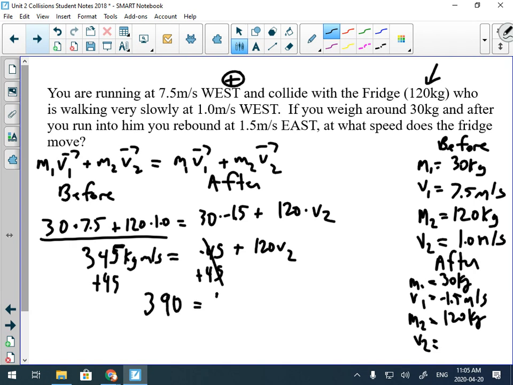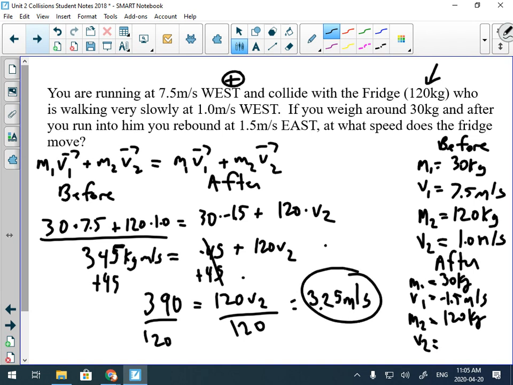And that equals 120 V2. Divide both sides by 120 because that's multiplication, right? Divide this side by 120. 390 divided by 120 gets me 3.25 meters per second. And because that's positive, we said west was positive. Okay. So you kind of made him move a little bit faster west than he was already going.